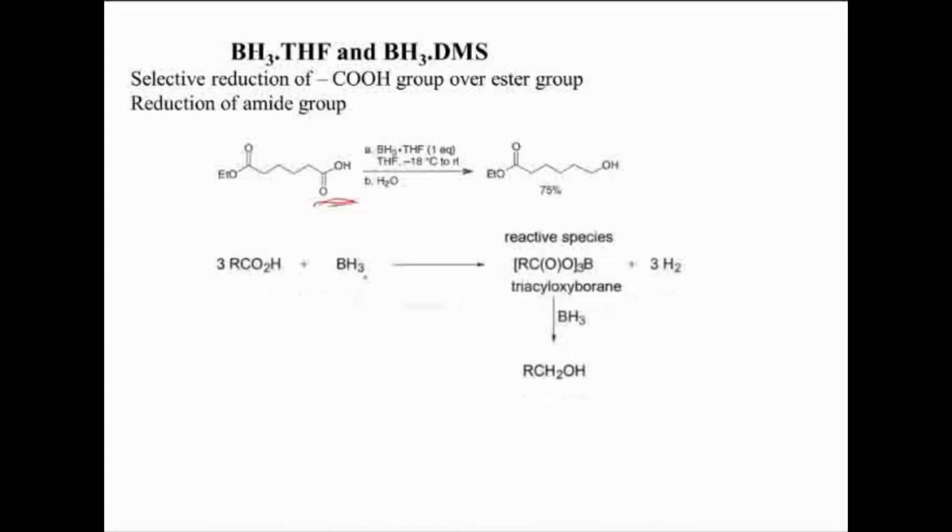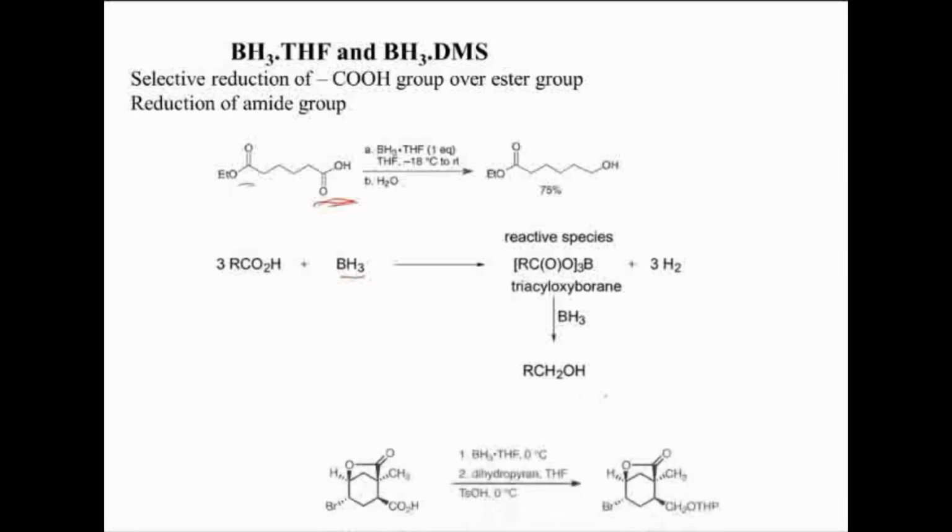Because the carboxylic acid, being more reactive, reacts with borane to form triacyloxyborane. It is immediately reactive towards BH3 to give a reactive species, which will further undergo reaction to give you alcohol. Whereas that type of reaction is not possible for esters. That is why they are not getting reduced.